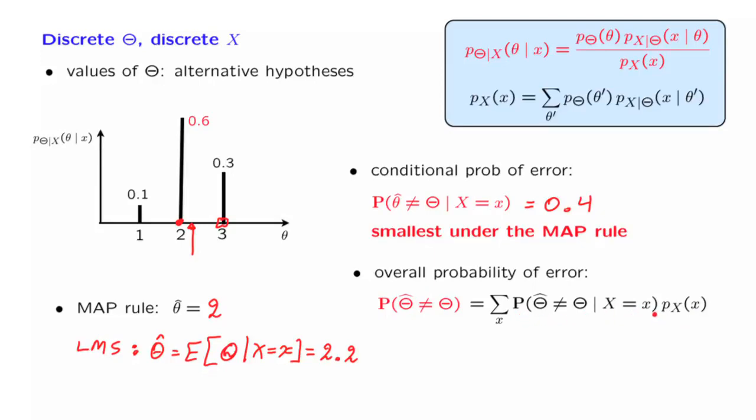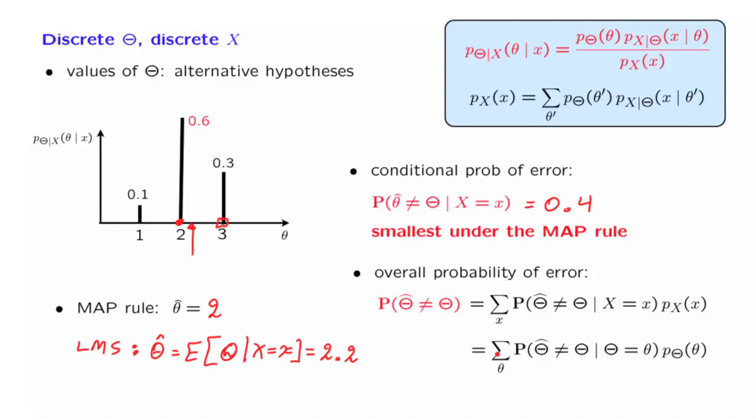There is also an alternative way of using the total probability theorem, which would be to first condition on theta and calculate the conditional probability of error for a given choice of this unknown parameter. Both of these formulas can be used. Which one of the two is more convenient really depends on the specifics of the problem.